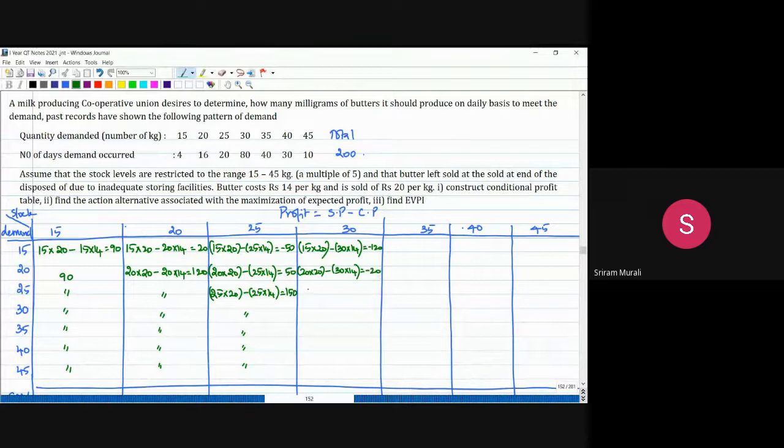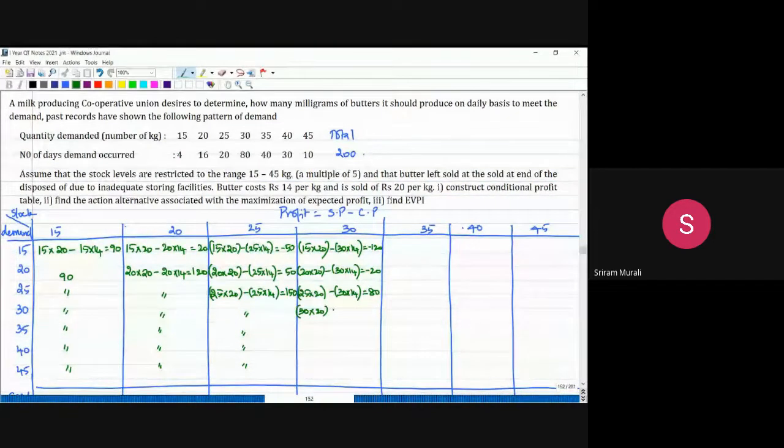Minus 20, loss slowly reducing. It is 25 into 20 minus 30 into 14, 80. So this onwards, 30 into 20, break even.